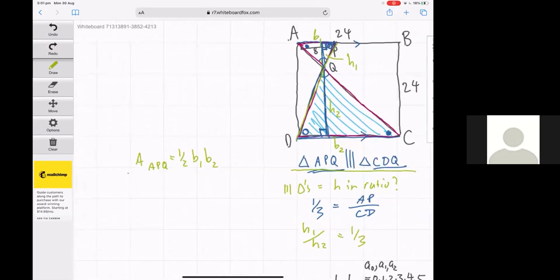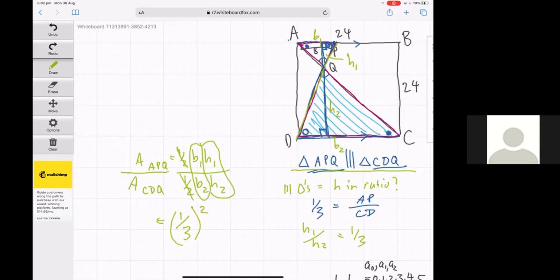And if I divide that by the area of CDQ, we get half B2 height 2. But we've already established that B1 and B2 are in the proportion 1/3, and that H1, H2 are also in the proportion 1/3. And these just cancel. So the proportion of the areas is 1/3 squared.